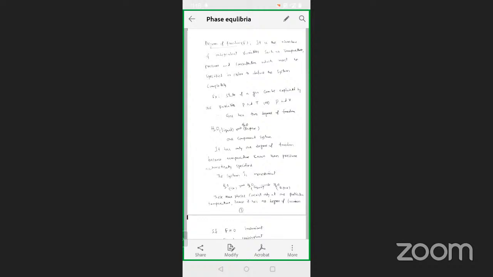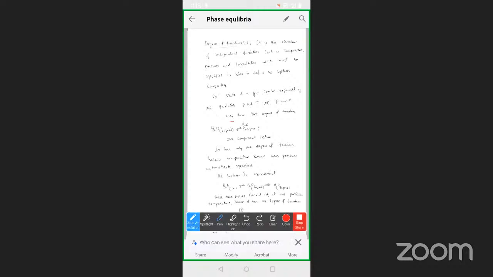That's why it is monovariant. Liquid water and water vapor, which are in equilibrium, form a monovariant system, and it's a one component system.